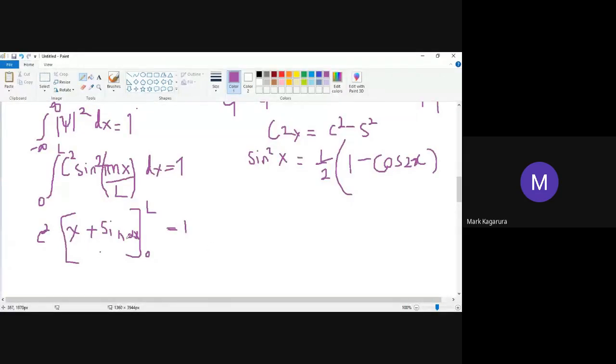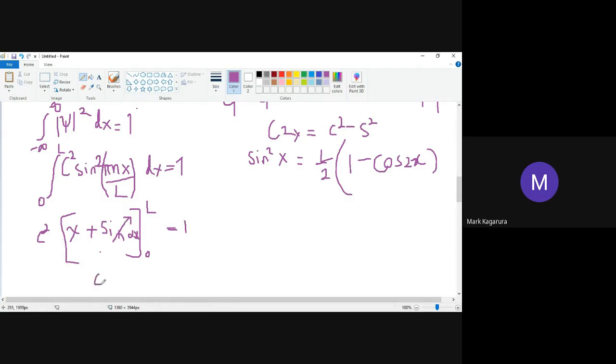When x is equal to L, sine pi is 0, and the same happens when x is equal to 0. So that really doesn't take up a lot of our time. We substitute for x and L: the upper limit is L minus 0.